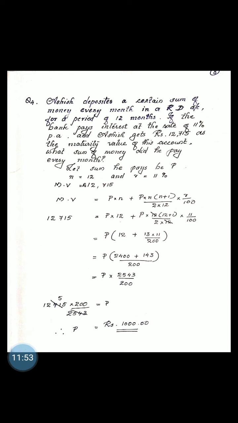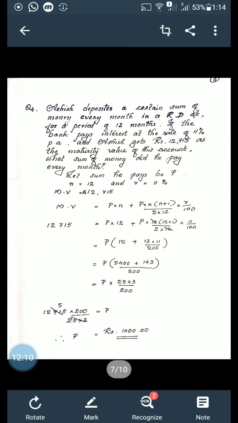Take it outside. And the remaining part is 12 plus 1, that is 13. 13 into 11 by 2 into 100, that is 200. Therefore, simplify that bracket. P into... what is the LCM of these two terms? LCM is 200 itself, because the denominator of 12 is 1.